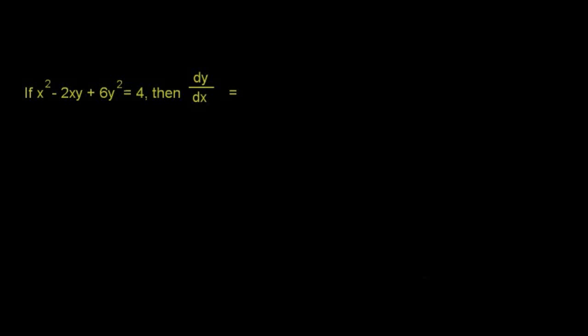Let's read this problem. It reads, if x squared minus 2xy plus 6y squared equals 4, then dy dx equals, and so we're to find out what dy dx is equal to.